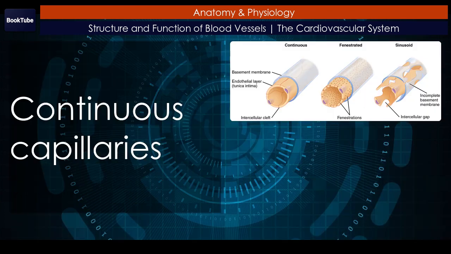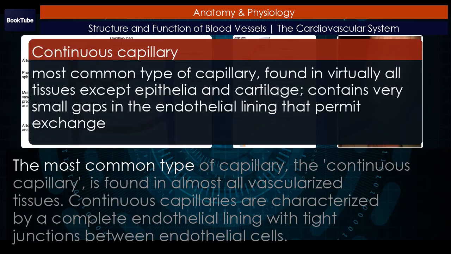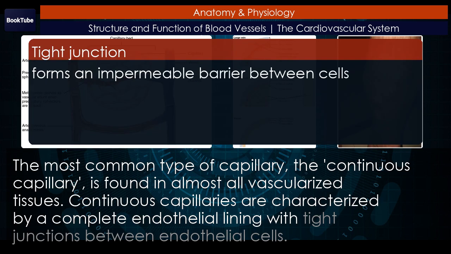Continuous capillaries. The most common type of capillary, the continuous capillary, is found in almost all vascularized tissues. Continuous capillaries are characterized by a complete endothelial lining with tight junctions between endothelial cells.